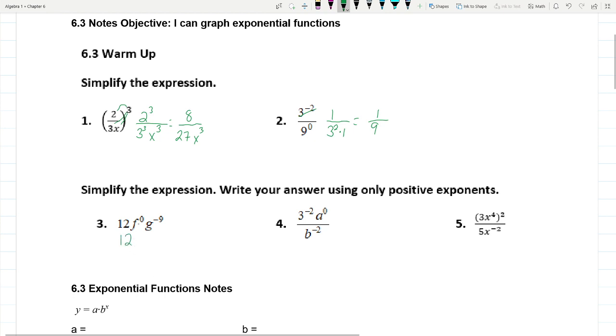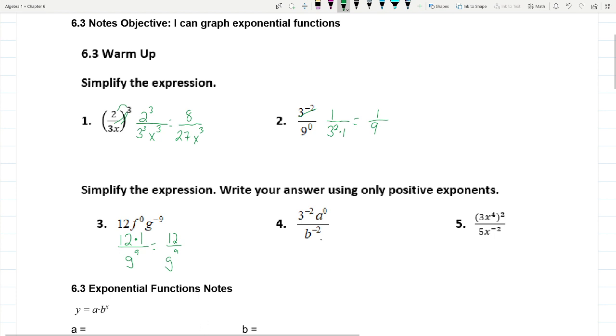F to the 0 is 1, so I'm going to write times 1. G to the negative 9 tells me that the g needs to go to the other side of the fraction, and so I get g to the 9th. If I simplify this to get rid of the multiplication, I have 12 over g to the 9th.